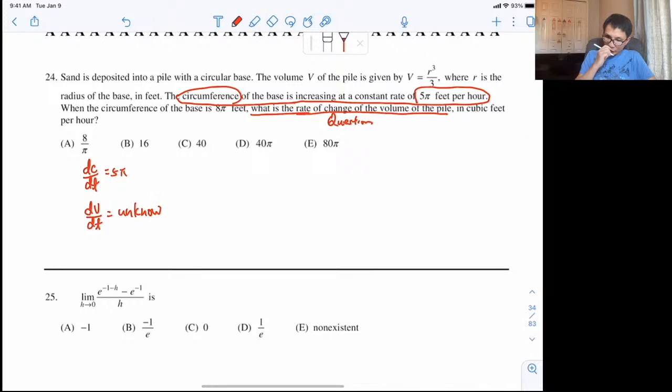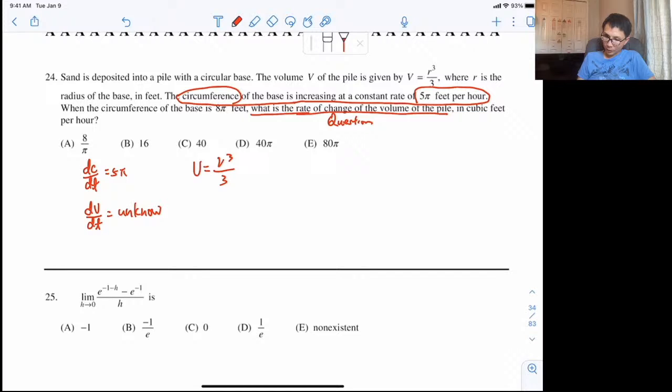But besides the unknown, there were also more things they gave you. Actually, two more things. What are they? The volume is equal to r cubed over 3, so V equals r cubed over 3.